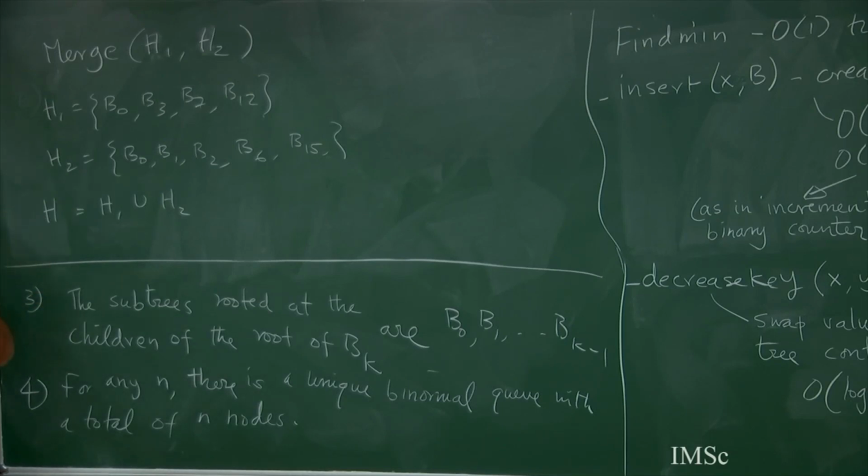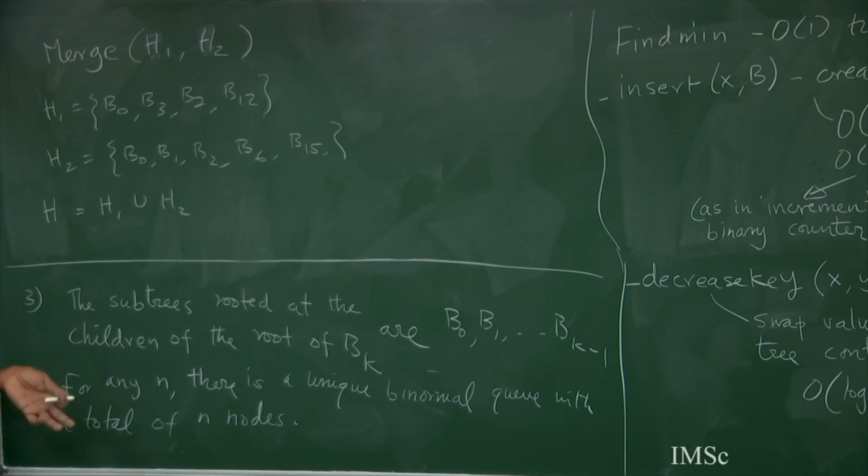The min heap property is satisfied in each tree. The only other thing that will be violated is that in this union, I may have two copies of the same Bi. But whenever I have two copies of the same Bi, I know how to deal with them: just link, pick the min of the roots, make one the child of the other, and you will make a Bi plus 1.